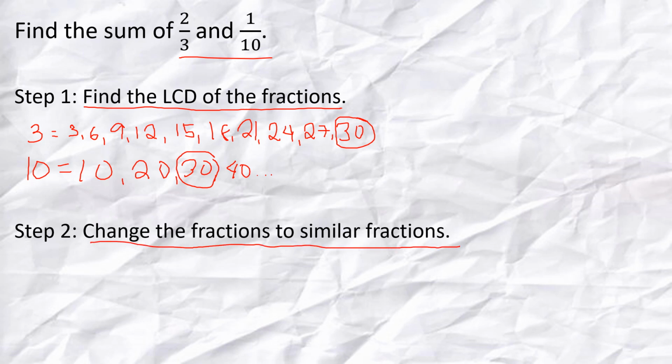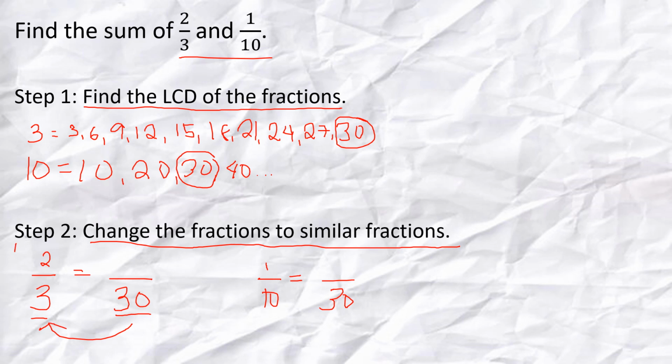So since we now have their LCD, we can go to step 2, which is change the fractions to similar fractions. Using the LCD 30, we have 2 over 3 and 1 over 10. We will use now the new denominator, which is 30. To change these two fractions to similar, simply divide the LCD by the old denominator. So that is 30 divided by 3.